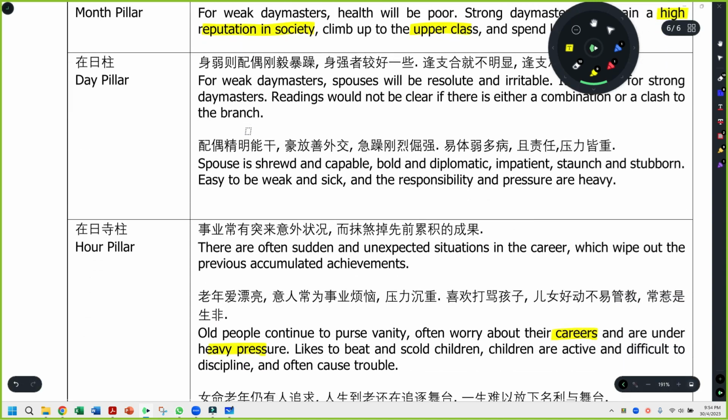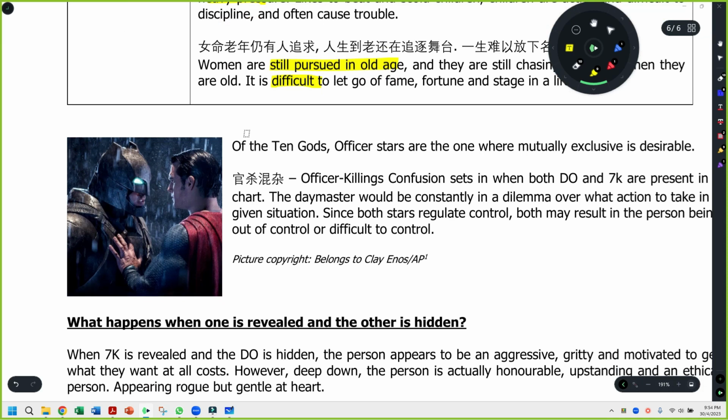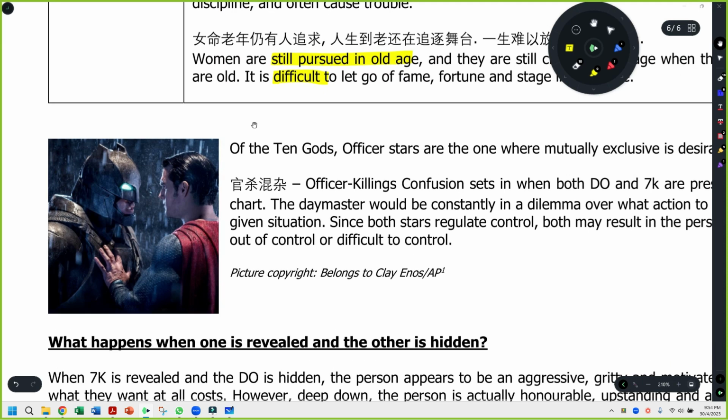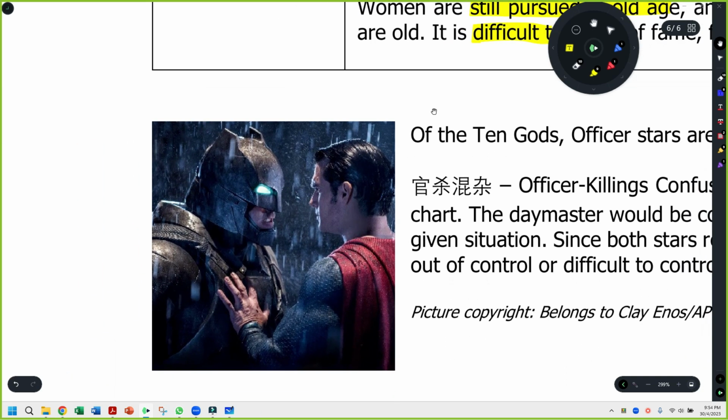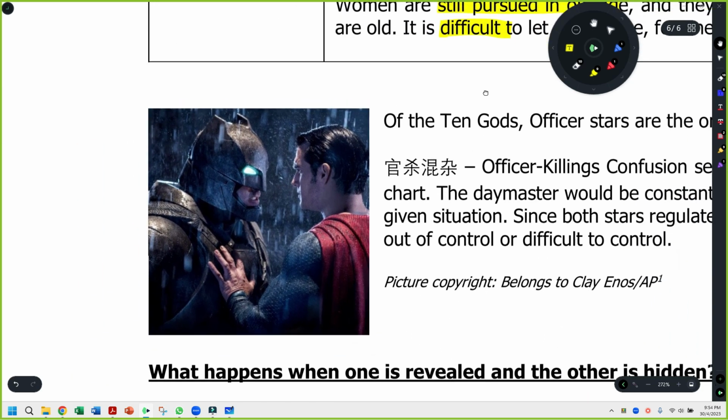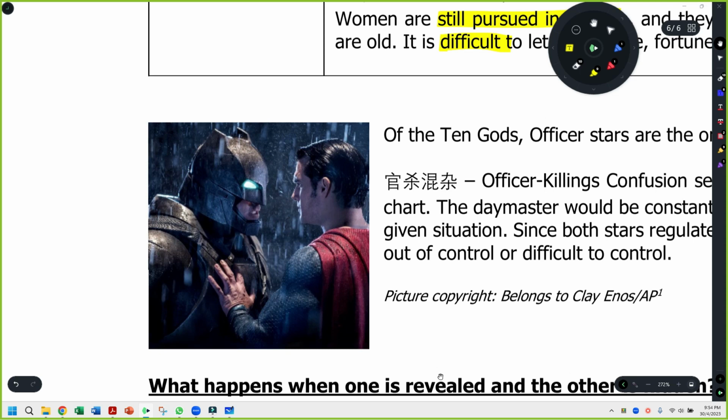Okay, for all the 10 gods. Now, I'm sure in today's modern pop culture literature, you are very familiar with these characters, Superman and Batman. Now, which of these two superhero characters would you consider closer to representing Seven Killings?